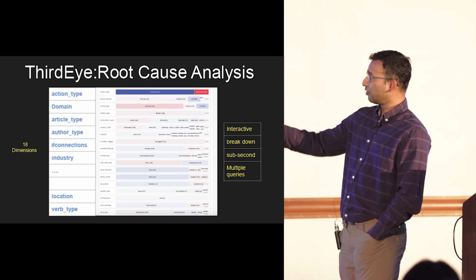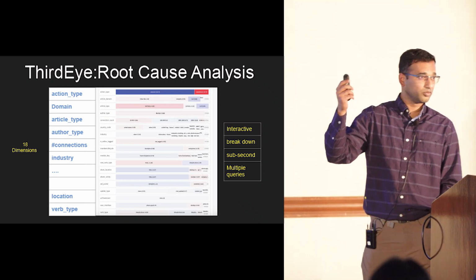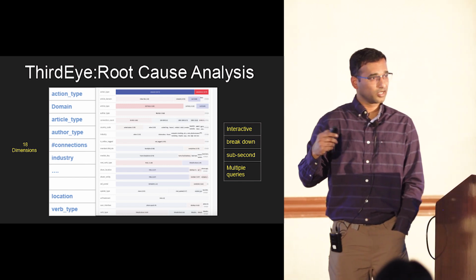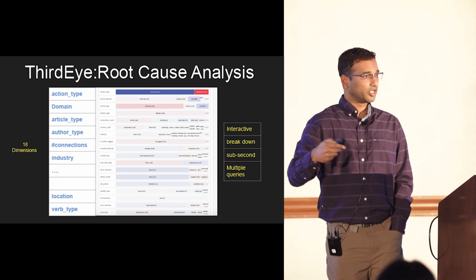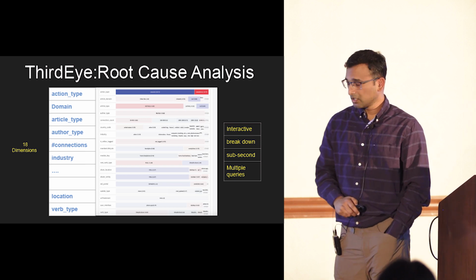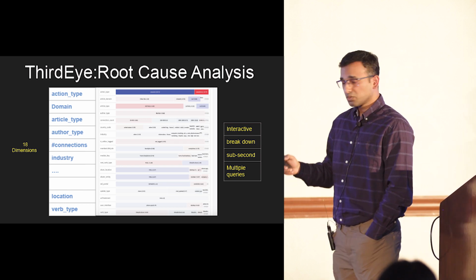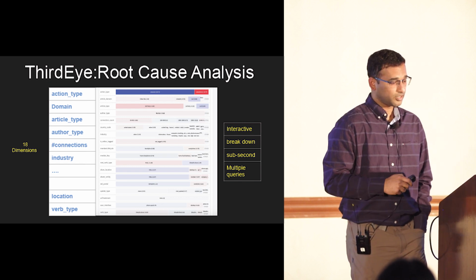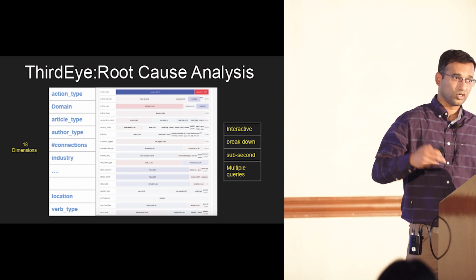Here it's pretty obvious that you just look at the big one, which is blue, and the nice thing about this UI is you can click each cell, deep dive, and go into the next dimensions as well. It's very interactive, with sub-second latency, even though it is doing all different dimensions.